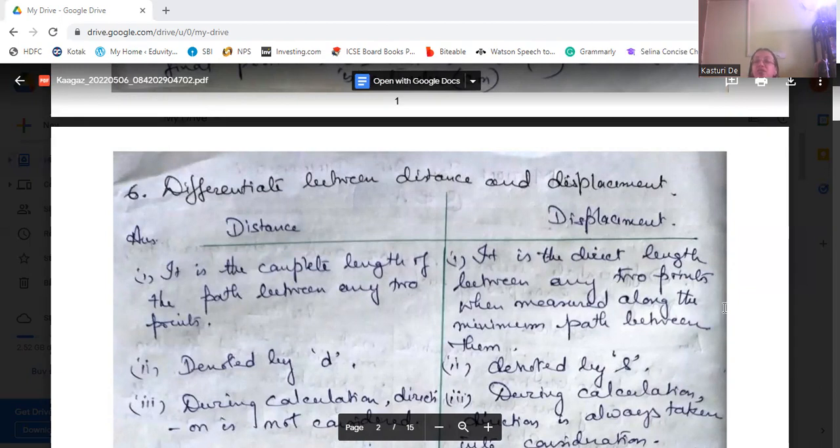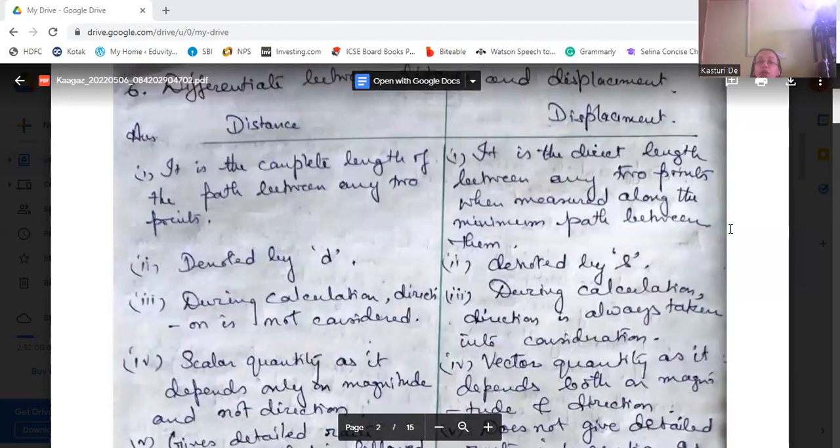Distance is denoted by small d, whereas displacement is denoted by small s. During calculation, direction is not considered for distance, but for displacement, direction is always taken into consideration. That's why distance is a scalar quantity as it has only magnitude, no direction, but displacement is a vector quantity as it depends on both magnitude and direction.